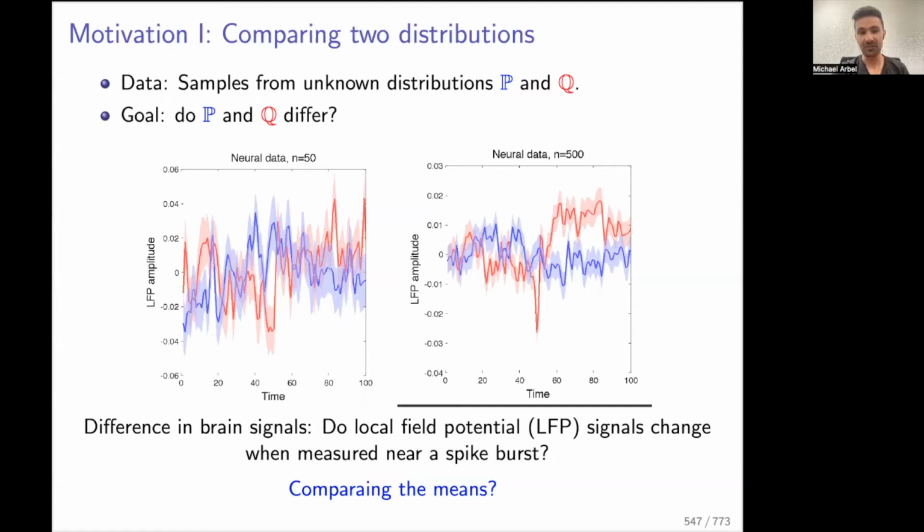As you increase the number of samples, you might get a completely different average just because there is a lot of noise. And also, when you simply average data, you might lose a lot of information which is still relevant to discriminate between P and Q.